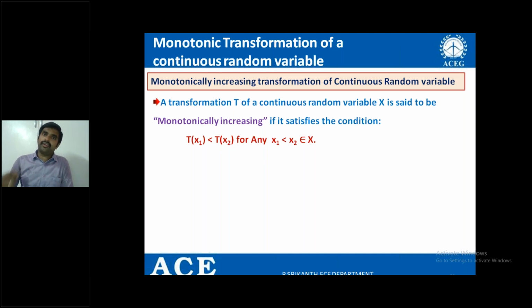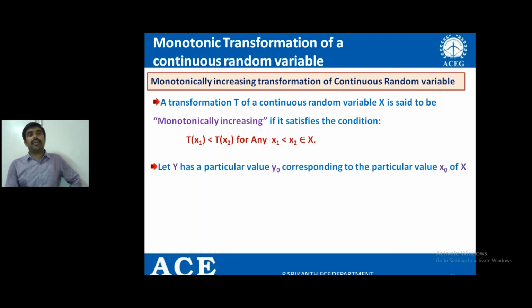If I consider two elements x1 and x2, and the transformation of x1 is less than the transformation of x2 when the two elements are related like x1 less than x2, then that transformation is called a monotonic transformation.